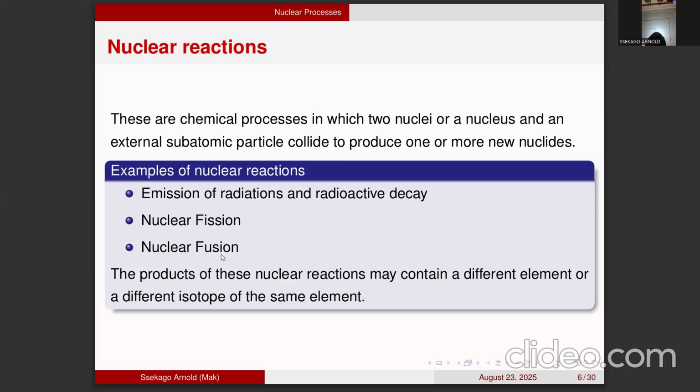Nuclear fusion is the combination of nuclei of lighter atoms to form the nucleus of a heavier atom. The products of these nuclear reactions may contain a different element or a different isotope of the same element, as we shall explore.